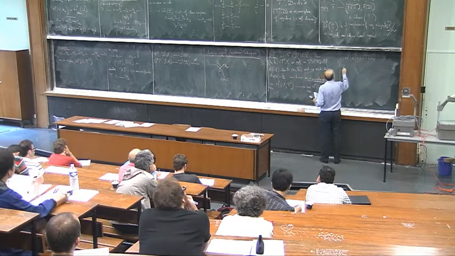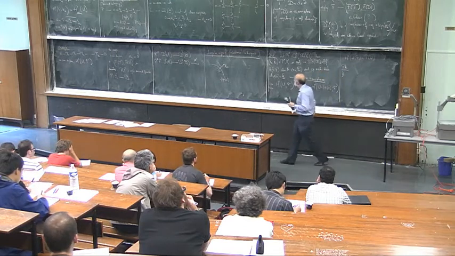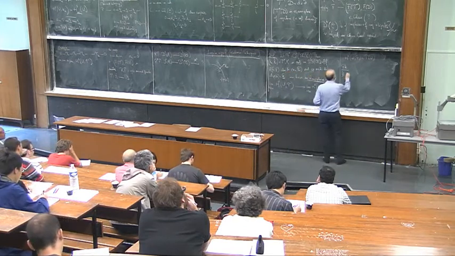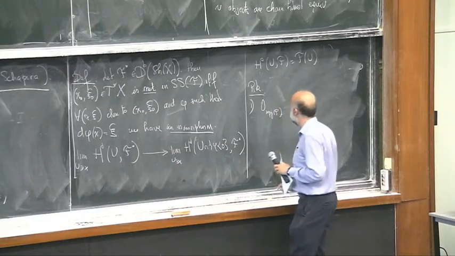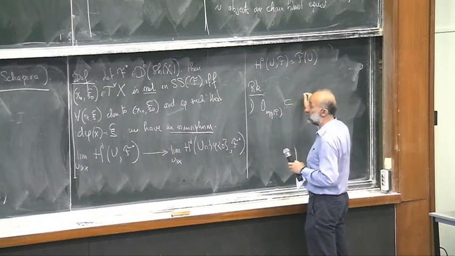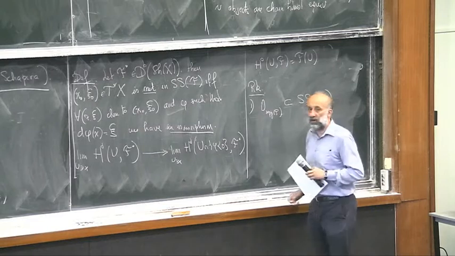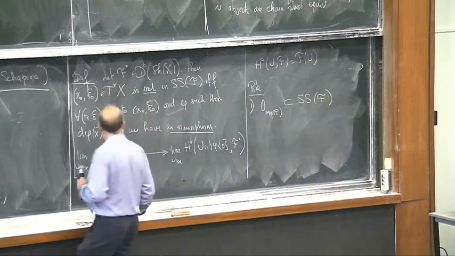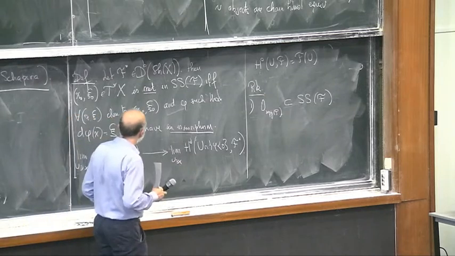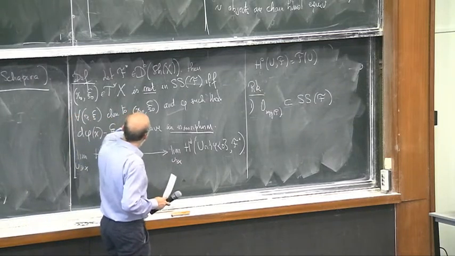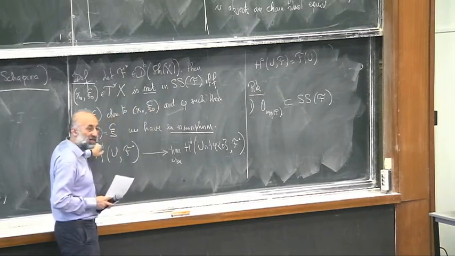So some remarks. Well, maybe one obvious remark is that if you look at the zero section over the support of F, this is always contained in the singular support of F. Because if psi 0 is equal to 0, you can take phi to be identically 0.